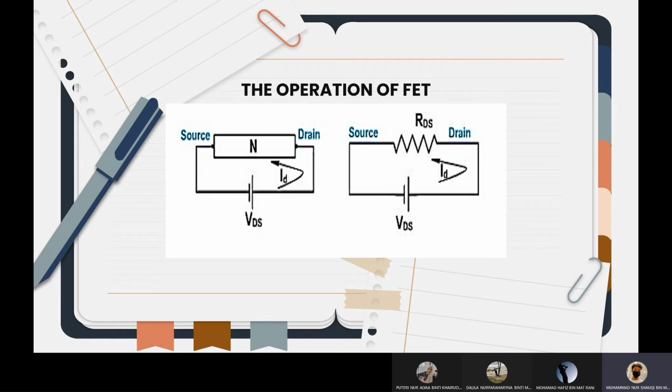As a result, the channel operates similarly to a DC voltage VDS applied across the resistor RDS. The drain current ID is the resultant current. When VDS rises, ID rises correspondingly.